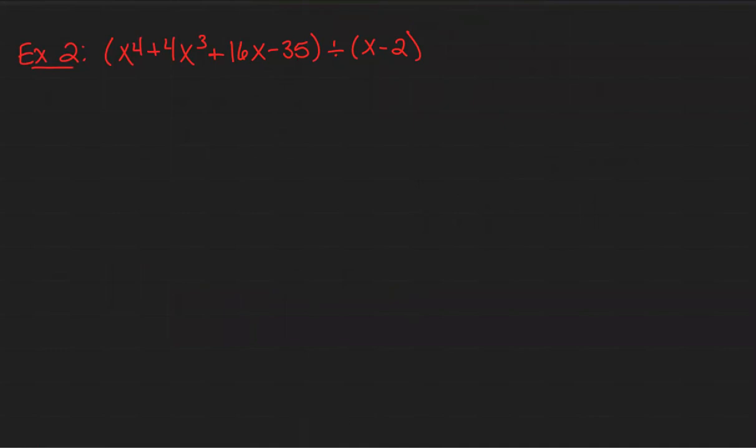Let's set everything up the same way. Let's take our coefficients and line them up horizontally. So 1, 4. Notice that I'm missing an x squared term, so I need a placeholder. I need to put a 0 for the missing x squared term. 16 and negative 35.